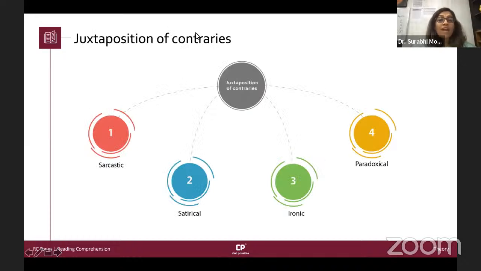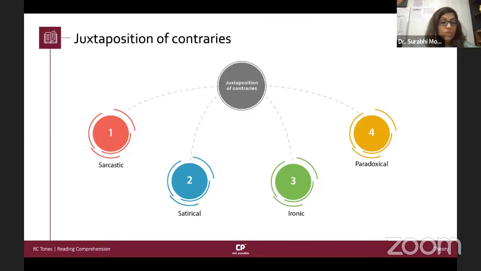Then we come to a very interesting list of tones. This list suggests that the tone or the structure of the passage is such where the author is talking about two opposite things. So note down this list.